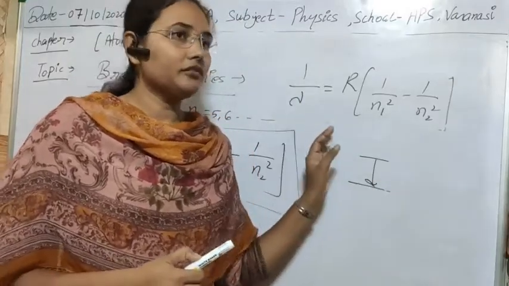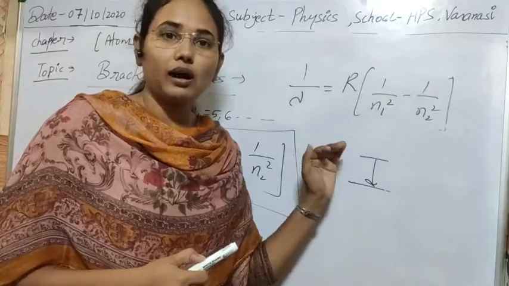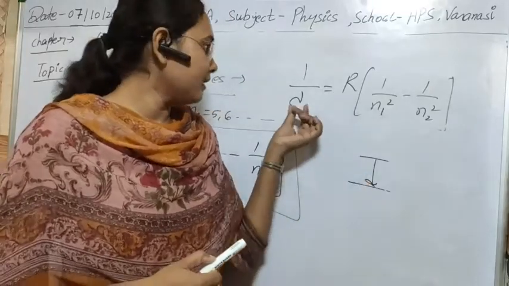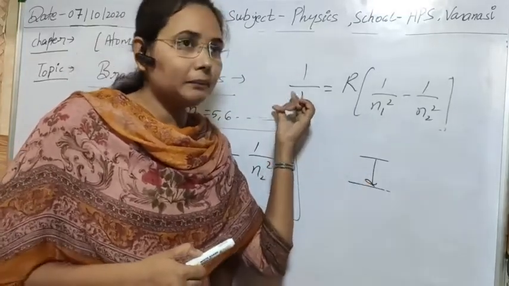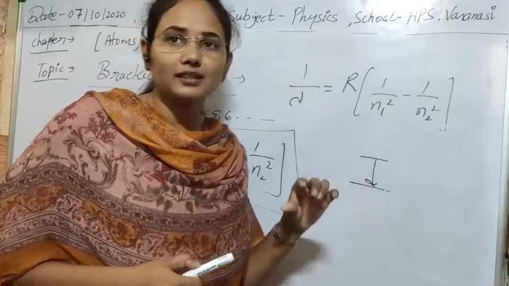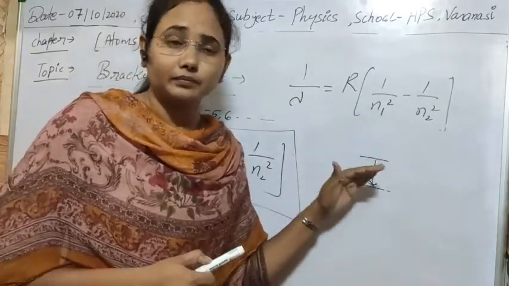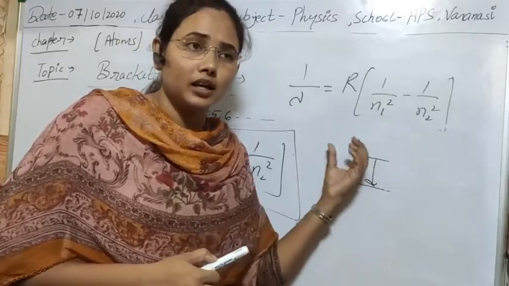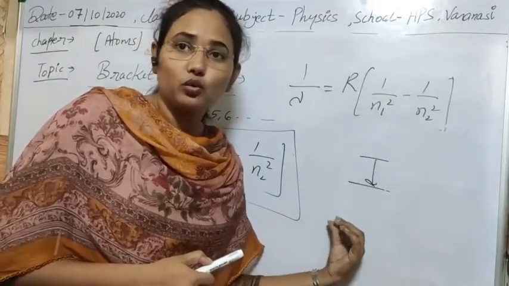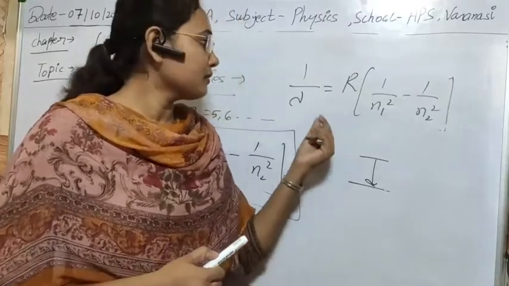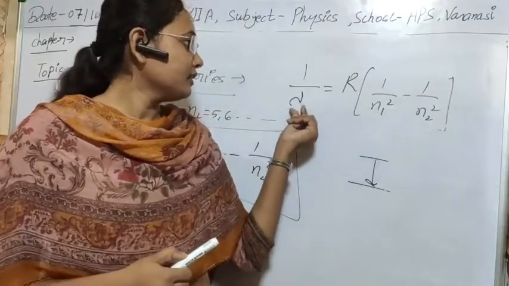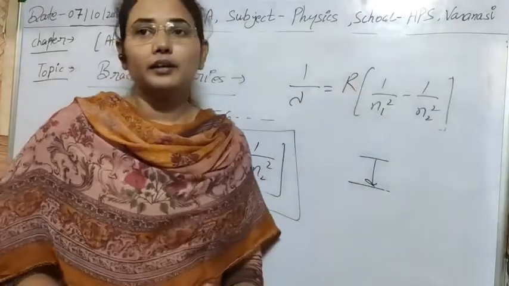In the case of hydrogen, we can obtain the wavelength for any transition depending upon which higher excited state to which lower state it is making the transition, and we can easily calculate lambda, where R is the Rydberg constant.